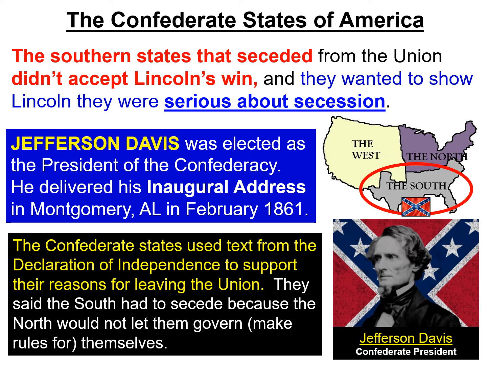They used some of the information from the Declaration of Independence about when a government becomes too abusive, then you have the right to overthrow them. They were thinking along those lines, that they had the right to overthrow an abusive government. So they're accusing the United States government of tyranny, government abuse. And so they said, we got to form our own country, which was the Confederate States.